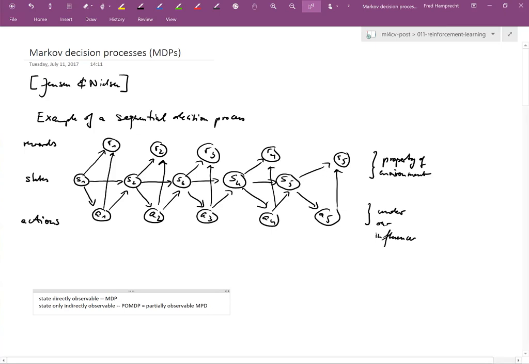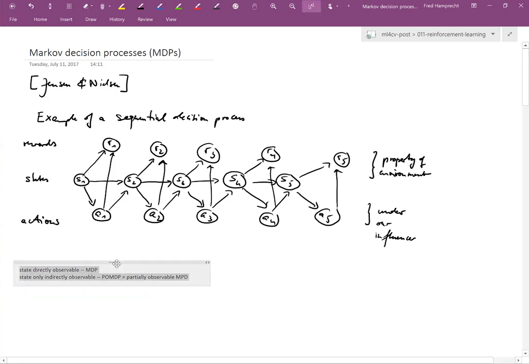By the way, in this very simple example here, the state is immediately observable to the agent deciding which action to take. And this is why it's called the Markov decision process. This is not always the case. Sometimes we do not have access to the true state, but only to an observation which is somehow related to the state.